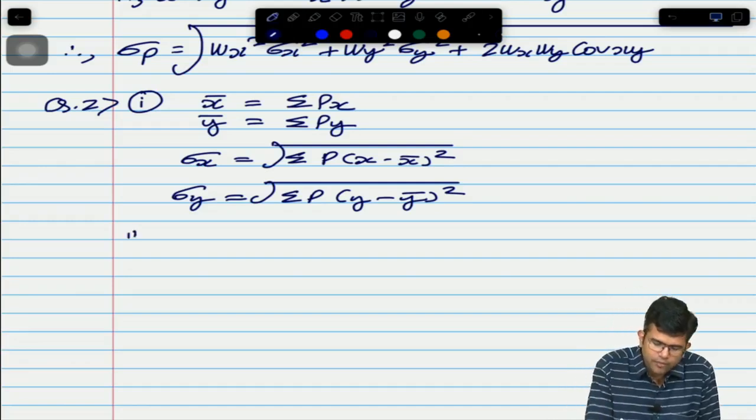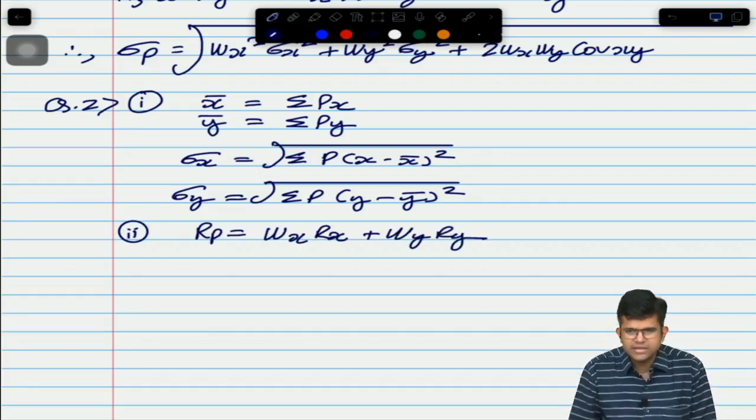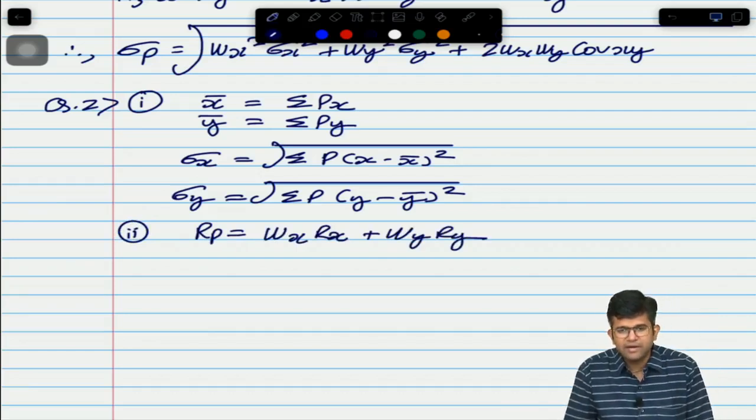Okay. For point number 2, they are asking you RP. RP will be WX RX plus WY RY. Weights are given in the question. RX and RY are nothing but X bar and Y bar.